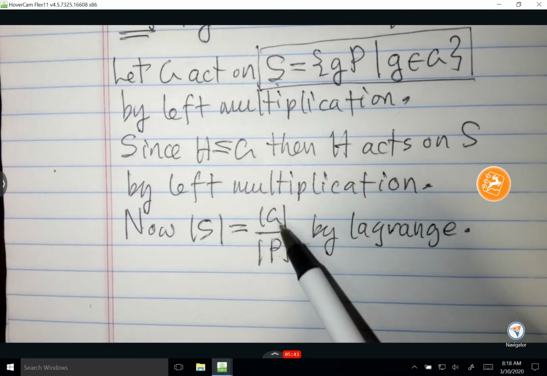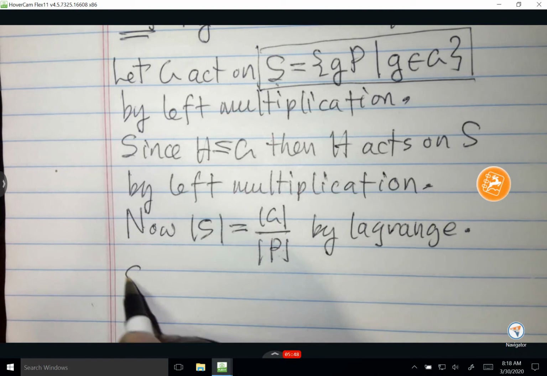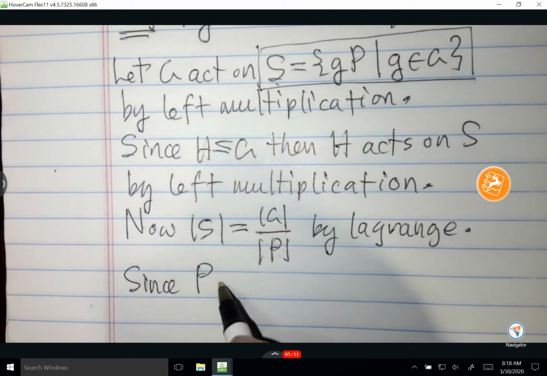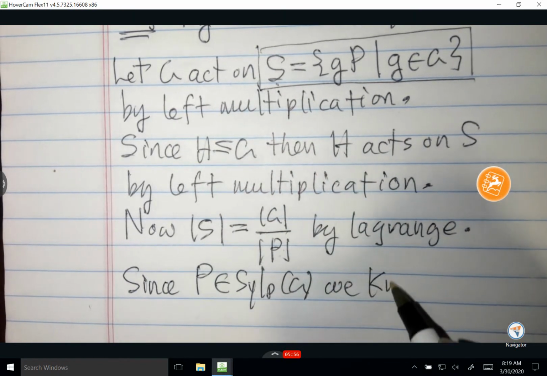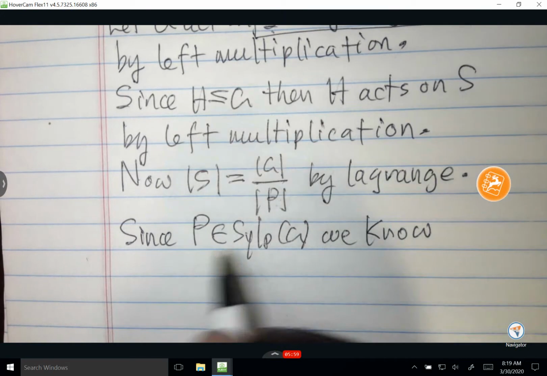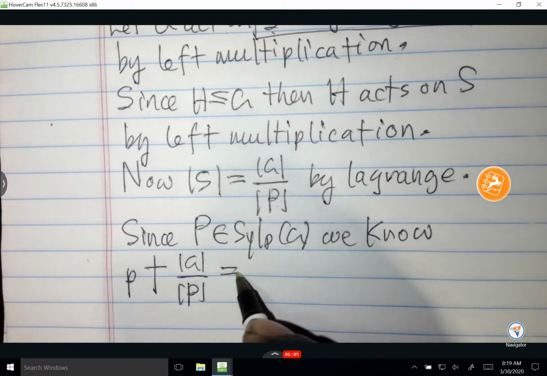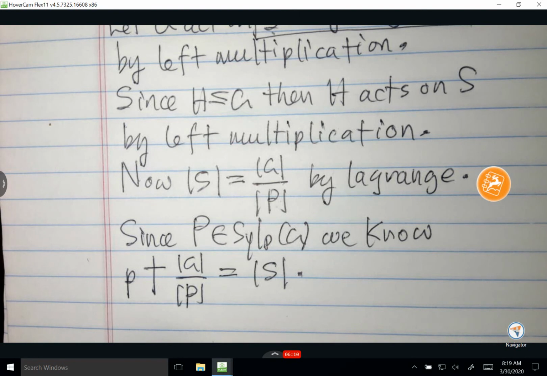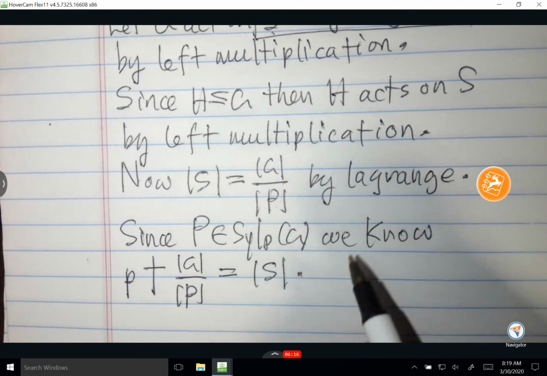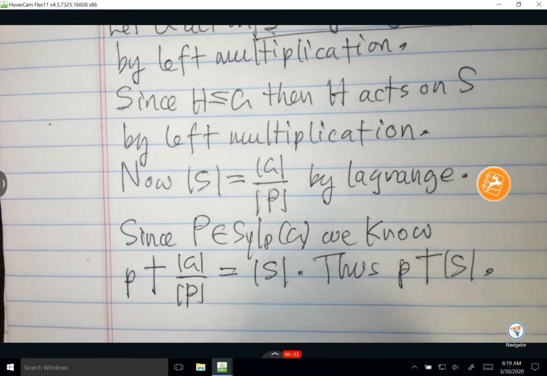So P doesn't divide this number because P is a Sylow P subgroup of G. Since P is a Sylow P subgroup of G, we know P does not divide the order of G over the order of P, which happens to be the order of S. So thus, P doesn't divide the order of S.